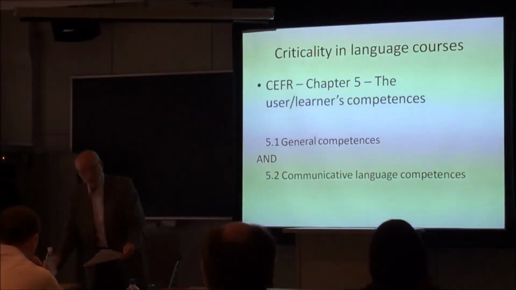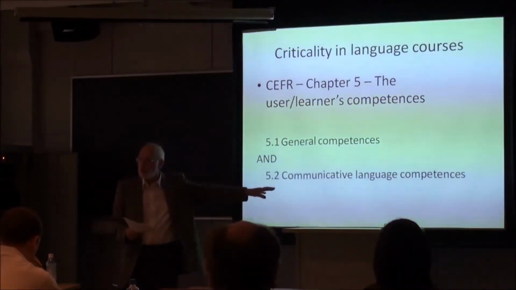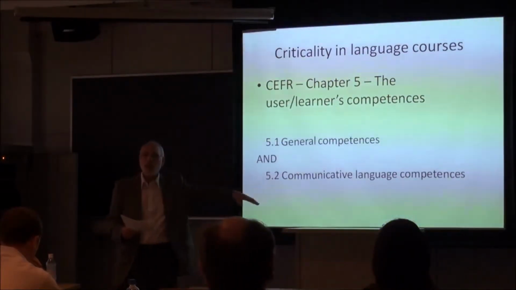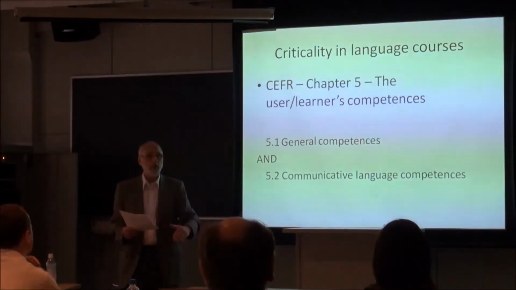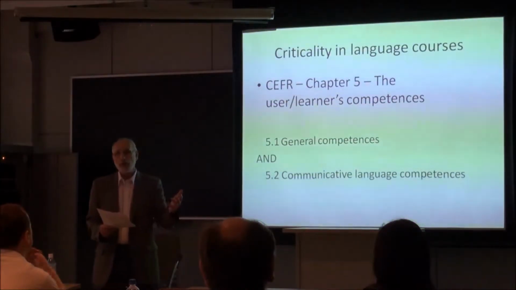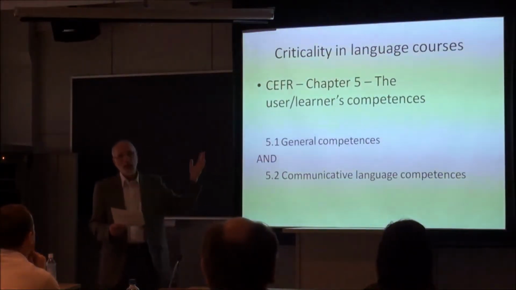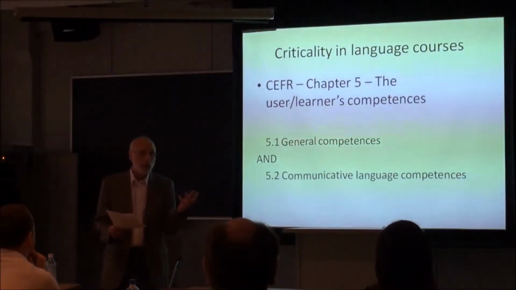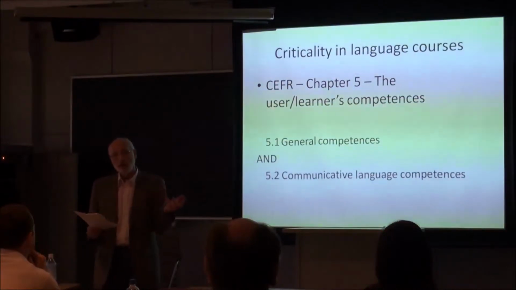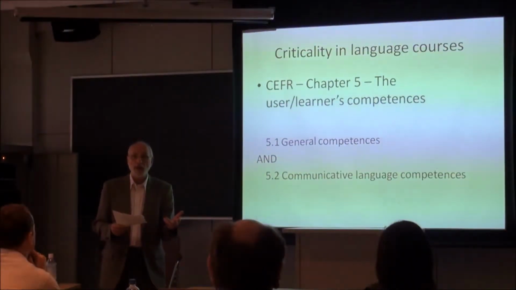Chapter 5 describes the communicative language competences, which are put into the different levels of the framework. But before it gets to the communicative language competences, it also has a description of the competences which we all use, more or less consciously, when we're speaking another language or communicating in another language.